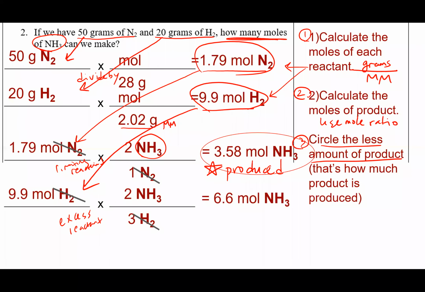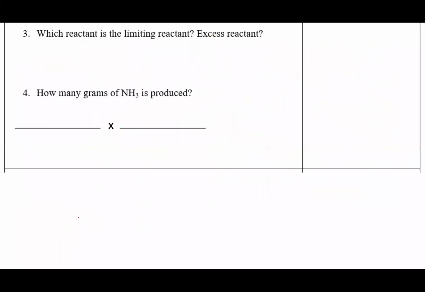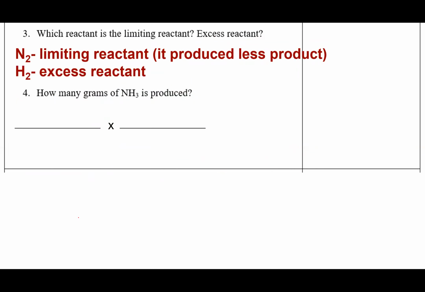The next question asks what I just talked about: which reactant is the limiting reactant? It's going to be N2 because it produced less product. And H2 is the excess reactant. It's going to be left over at the end.